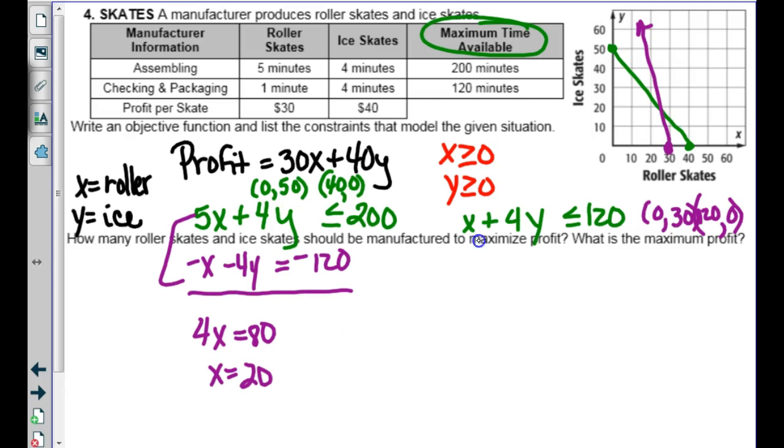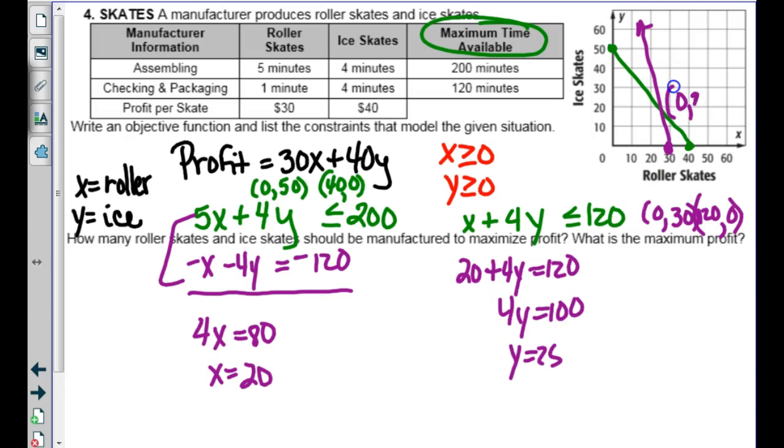If I plug 20 back in over here, it'll say 20 plus 4y equals 120. 4y equals 100. Y is 25. So does it look on your paper like it could be 20, 25? Whoops. 20, 25.